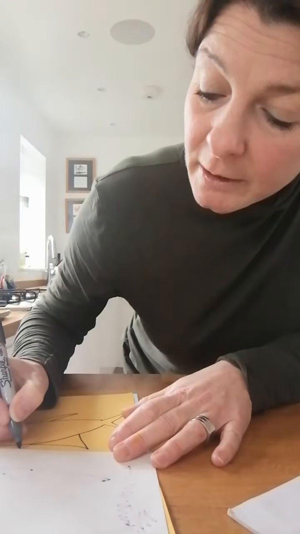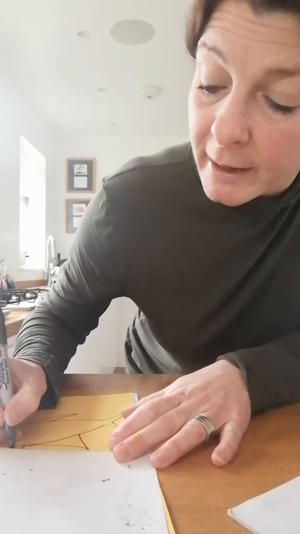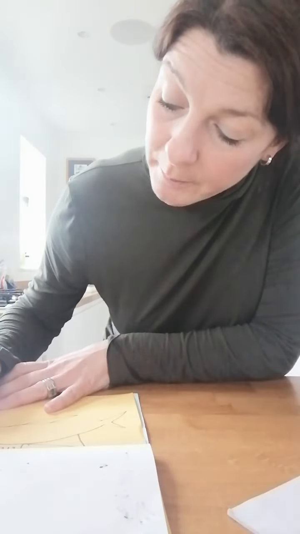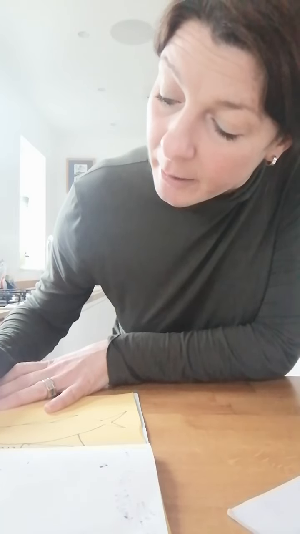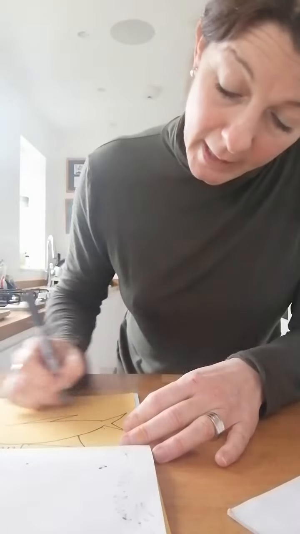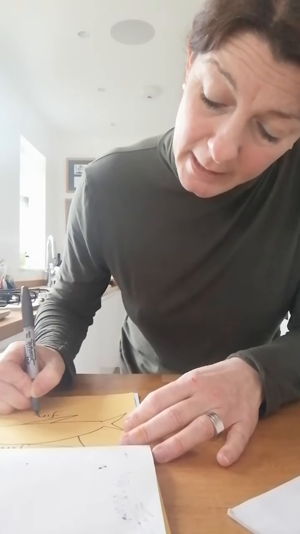And that's the fin. And if I wanted to label it, I would, next to the fin at the top, write the word fin. And then I would write sharp teeth. And then I would write fin underneath.